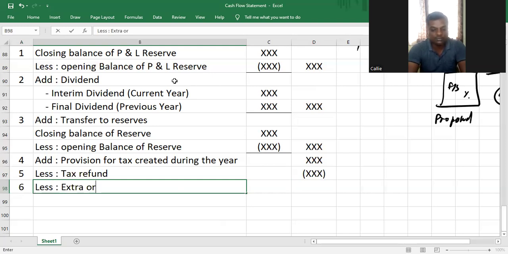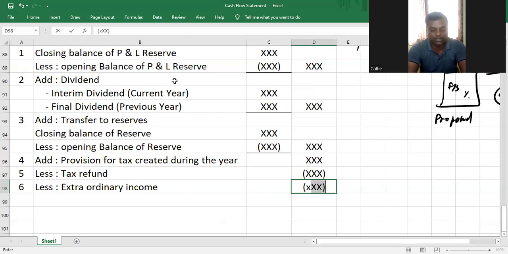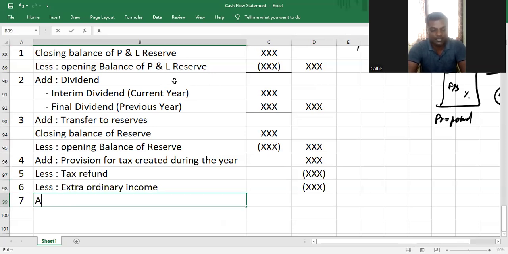And then we reduce extraordinary income earned by the firm. Extraordinary income that has been credited to the P&L account, that also will be reduced. And we add back the extraordinary expenses.